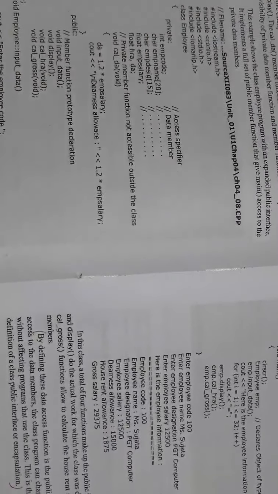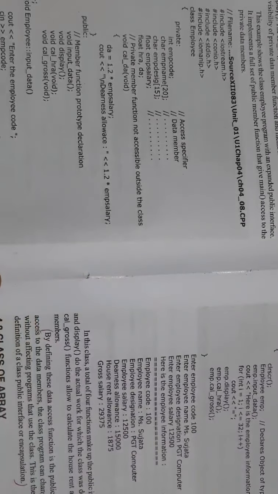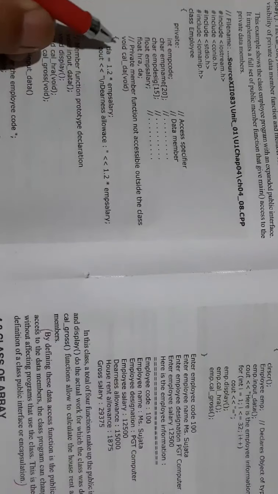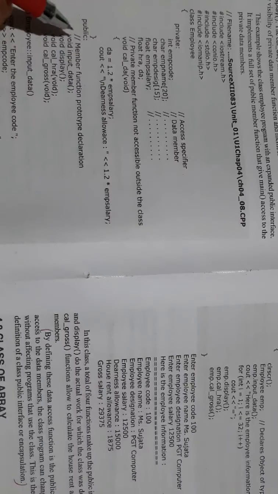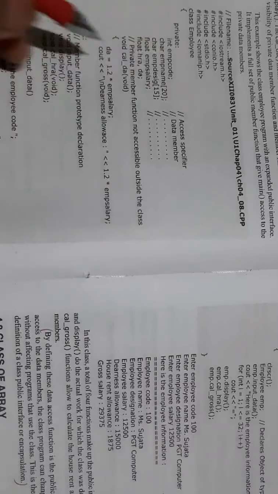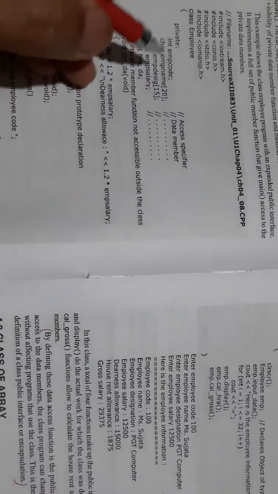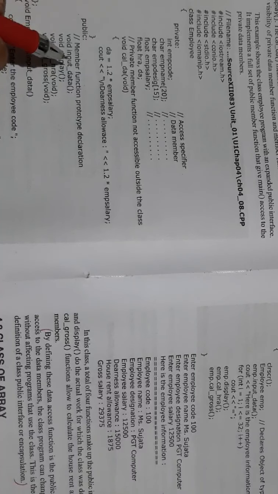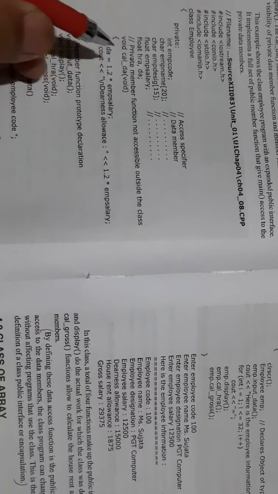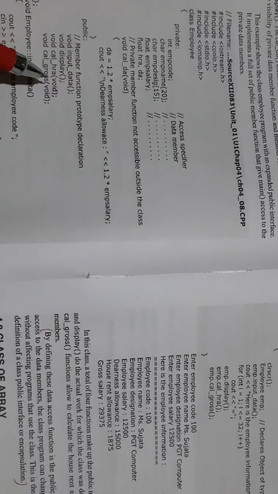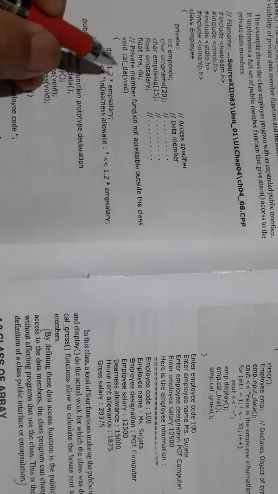So you can see that all the programs that we have seen can be implemented in different ways. So here the data members are private, here the member function is private, here the member function is public. In order to access these data members, private or public member functions are used. Using this member function only you can enter the data, using this member function only you can display the data, using this member function only you can calculate the formula.